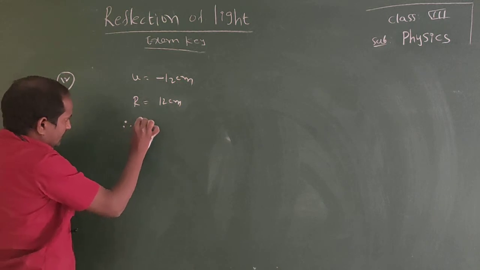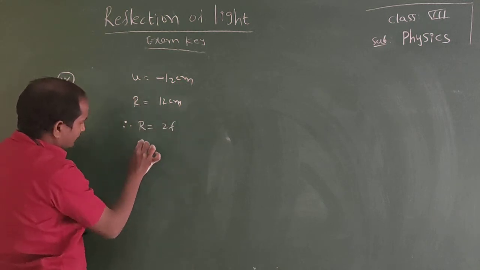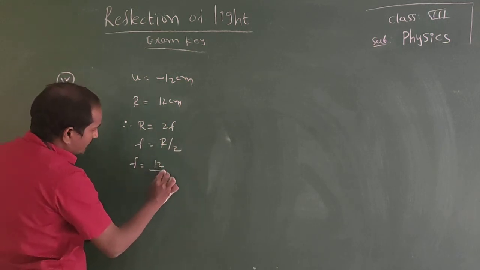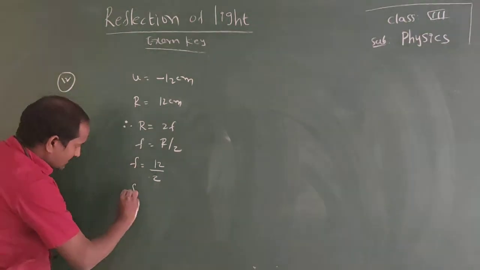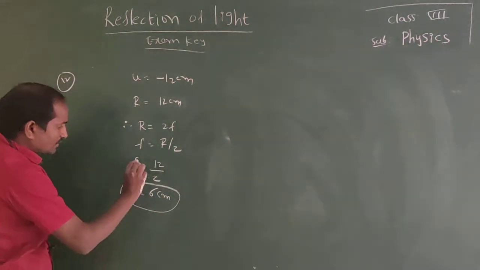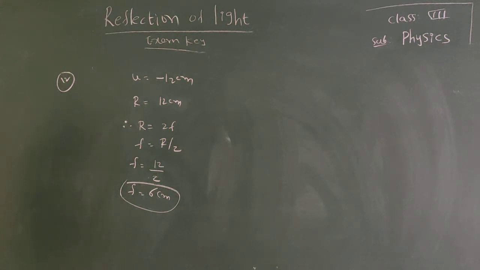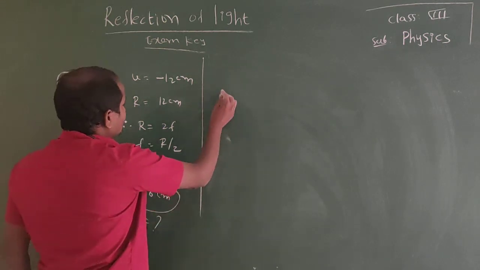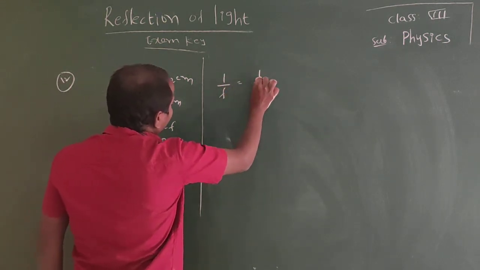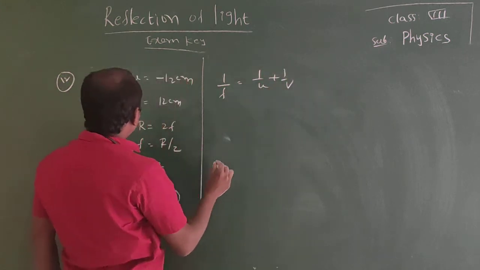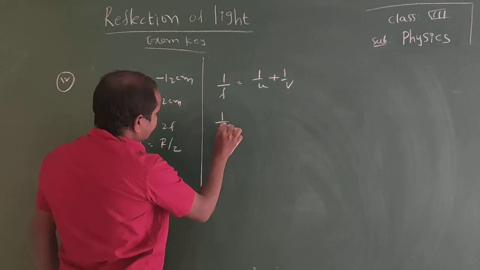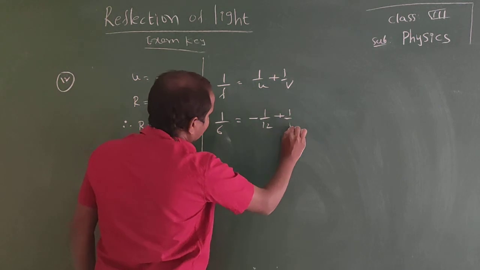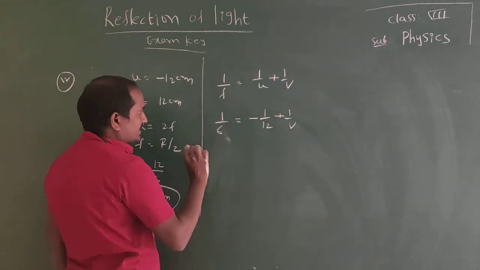Therefore r equal to 2f, f equal to r by 2. So focal length equal to 12 by 2, that is 6 centimeters. Focal length equal to 6, u equal to minus 12. Then find the v value. 1 by f equal to 1 by u plus 1 by v, so 1 by 6 is equal to minus 1 by 12 plus 1 by v. Minus 1 by 12 coming to this side is positive.